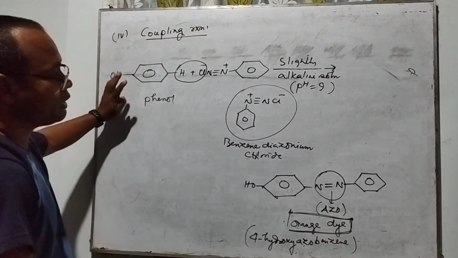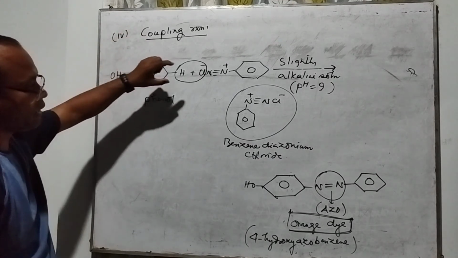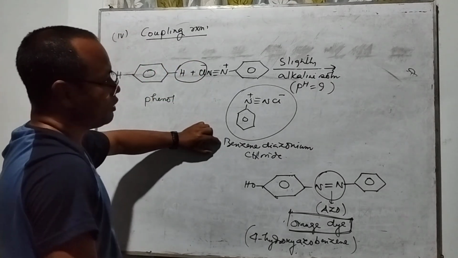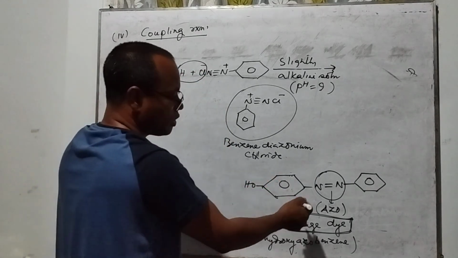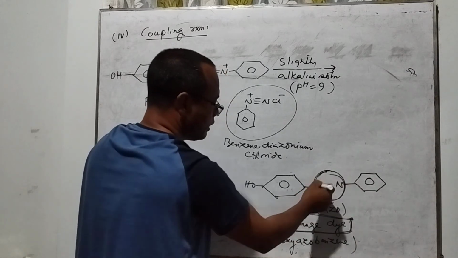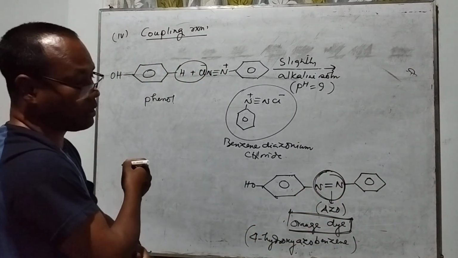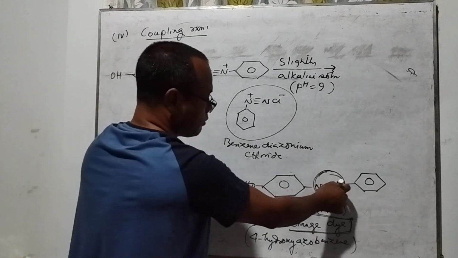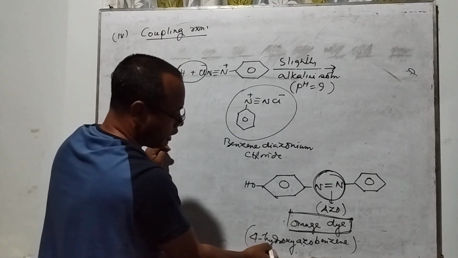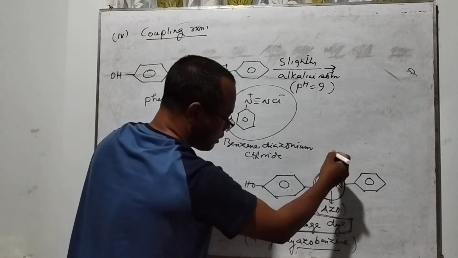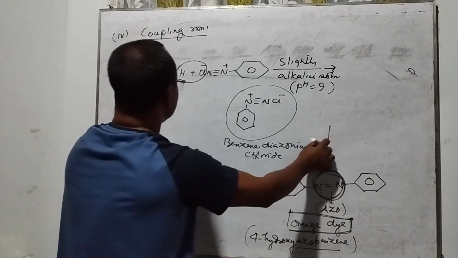So here the important point is that the coupling reaction between the phenol and the benzene diazonium chloride forms the orange dye. The orange dye contains this N double bond N, that is what is called the azo group. So the compound is what we call 4-hydroxyazobenzene.